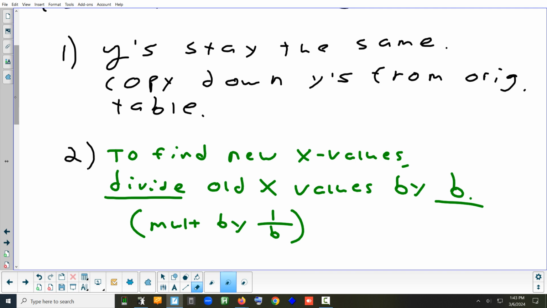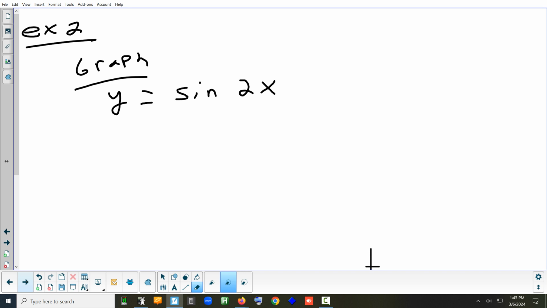All right. So let's try some examples. Okay, so sine 2x. Now we know all the transformations, and on the test they're all going to be mixed up. Okay, it could be in any order. What tells you that this problem is a period change or a horizontal stretch or compression?